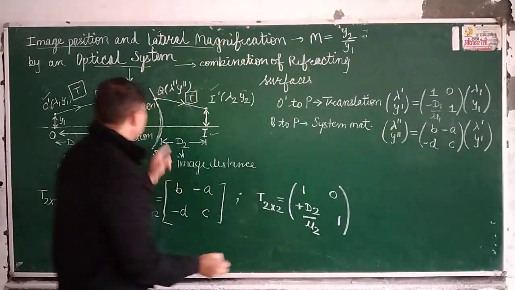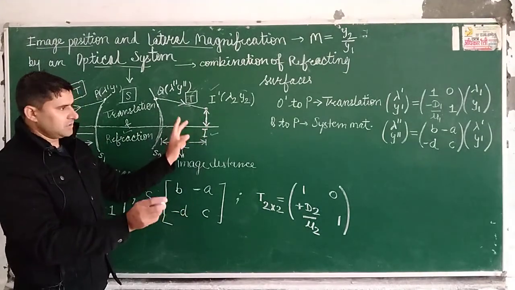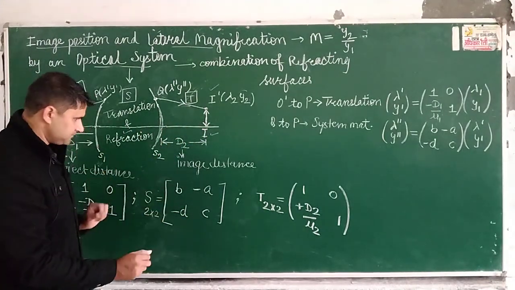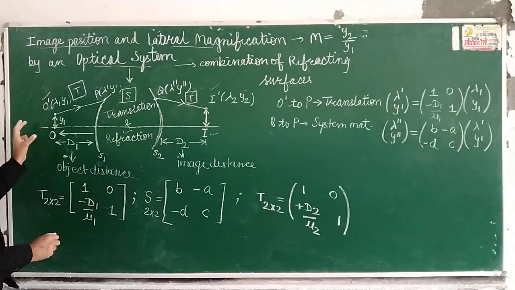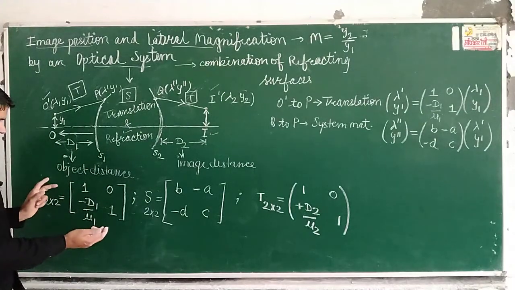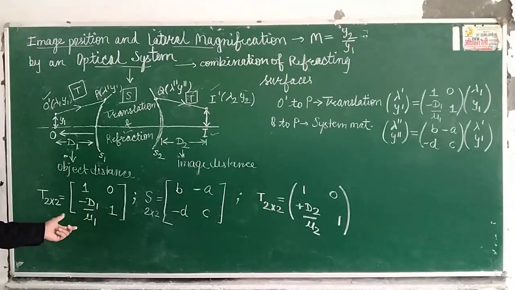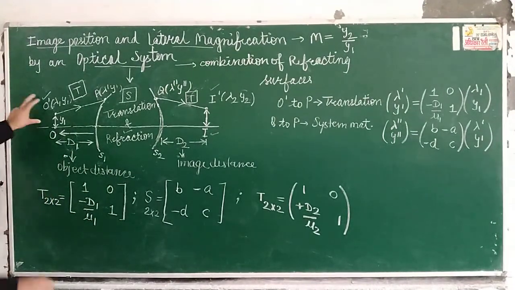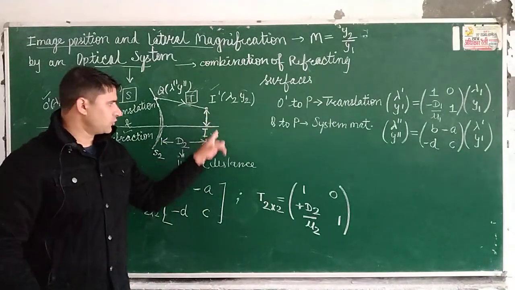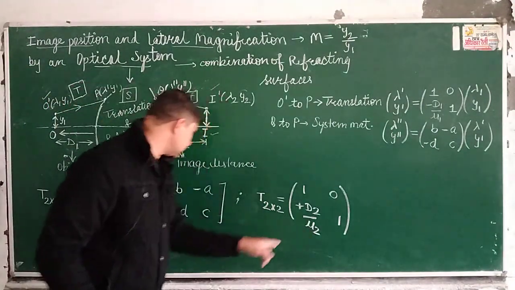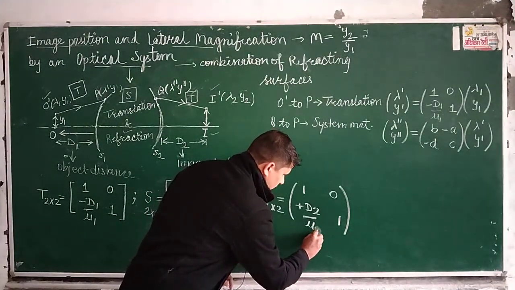Okay, done. Now from Q to I dash there is again translation. If we assume that the object and the image are formed in the same medium, then you have to take this to be 1.